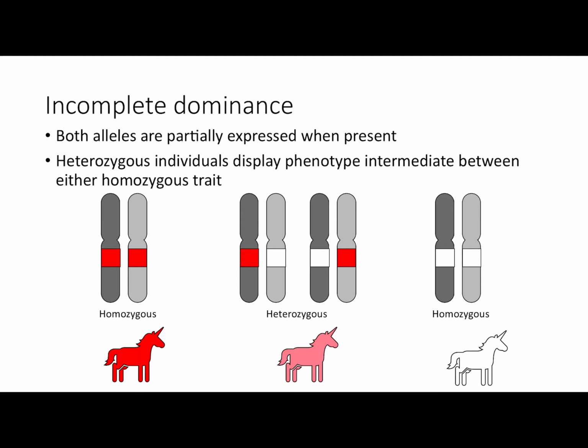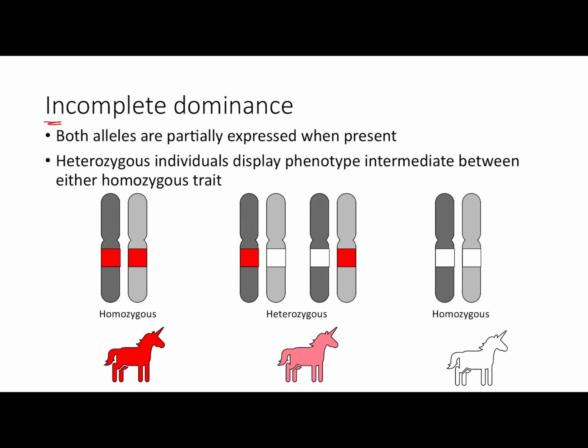But not all traits are simple dominant and recessive. In fact, most aren't. Incomplete dominance refers to any time you have a phenotype that is in between. So when you think of incomplete, think in between. Both alleles are going to be partially expressed. So if you're homozygous red, the red allele is partially expressed and the other red allele is partially expressed, and you end up with a red phenotype.